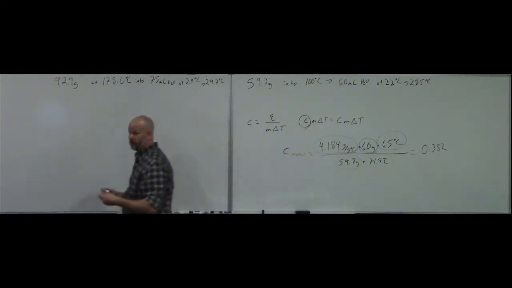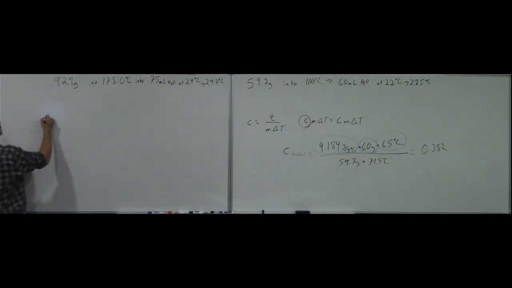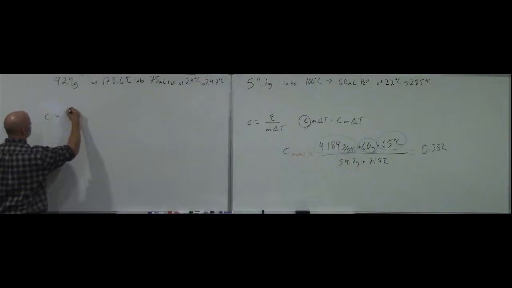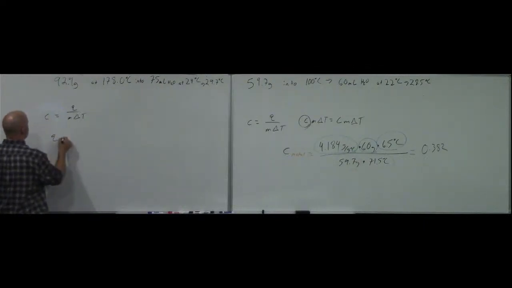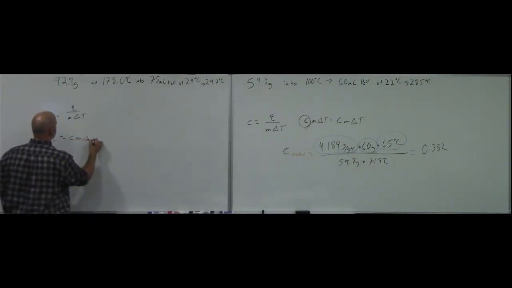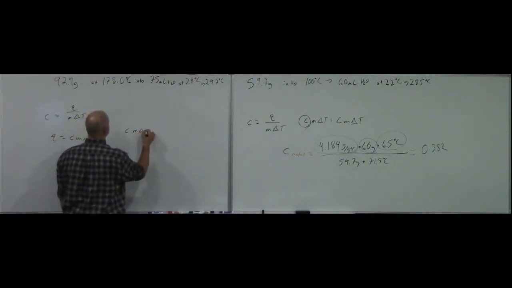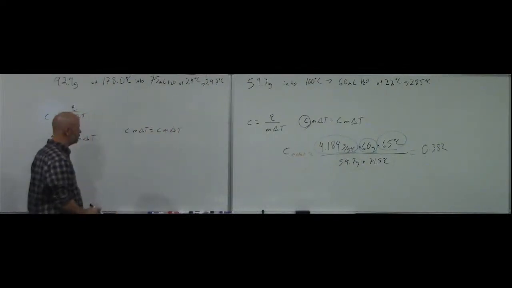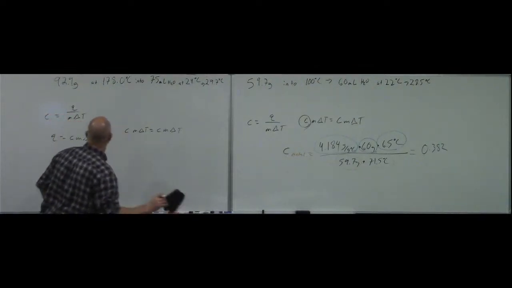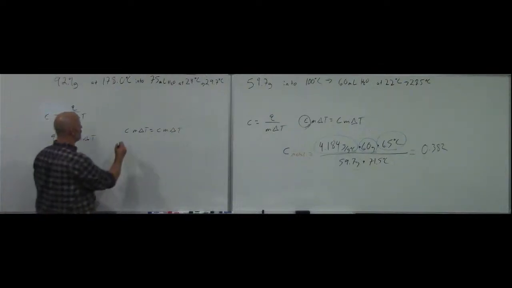Right? So literally, everything's the same. The numbers are just different. C equals Q over mass delta T. Right, so Q equals C M delta T. So C M delta T equals C M delta T. And now I want to solve for C over here.